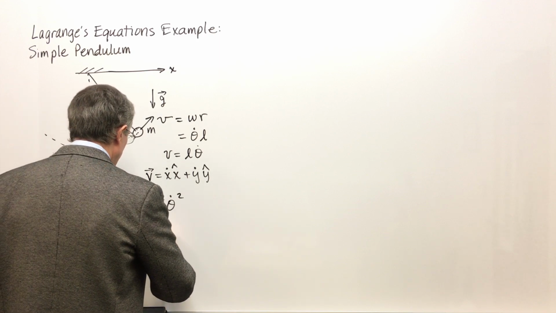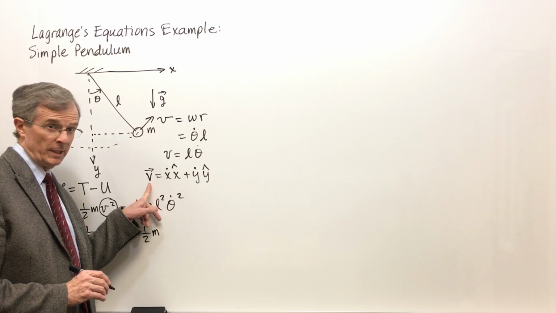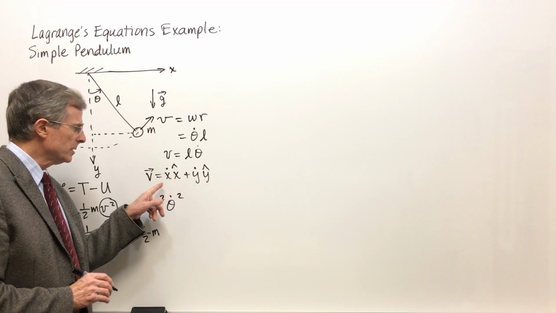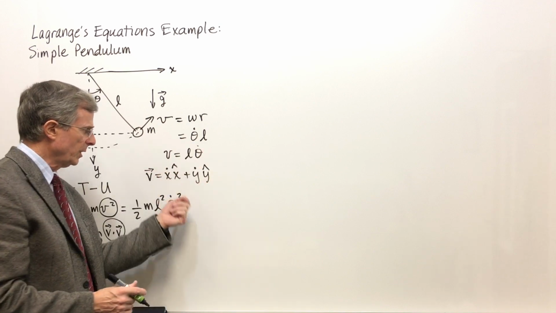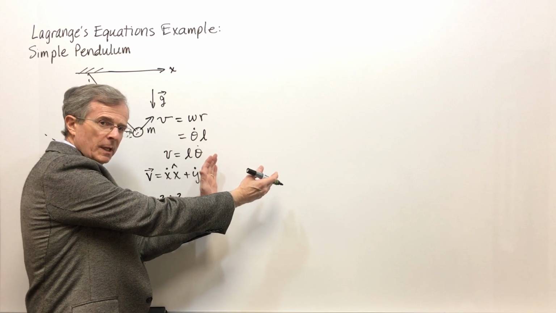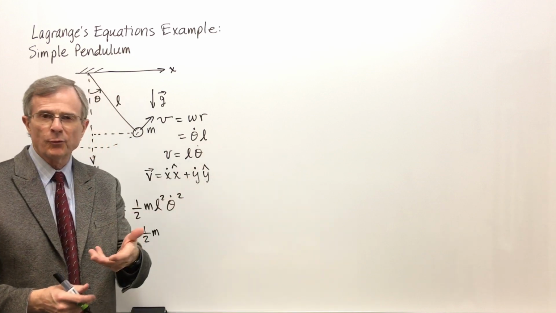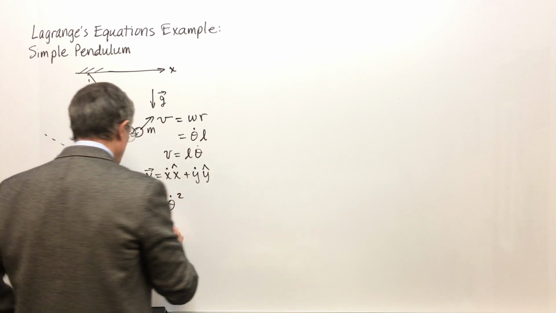One half m, now we have V dotted into V. So here's vector V. If we dot it into itself, then we'll have x dot x hat plus y dot y hat dotted into that same thing again within parentheses. And we're going to have to FOIL that out.